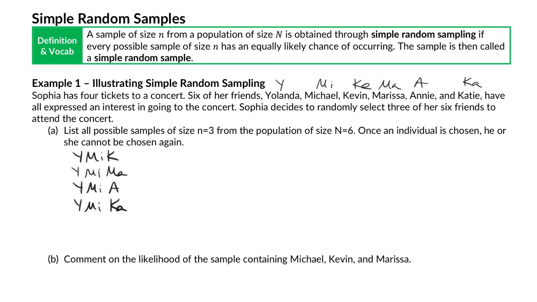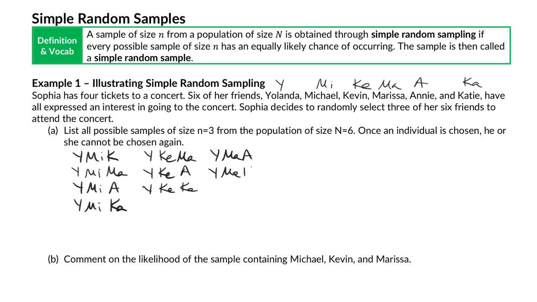We're going to do this in an organized fashion. Now we're going to choose Yolanda, starting with Kevin and Marissa. Yolanda, Kevin, and Annie. Yolanda, Kevin, and Katie. Then I could pick Yolanda, Marissa, and Annie.